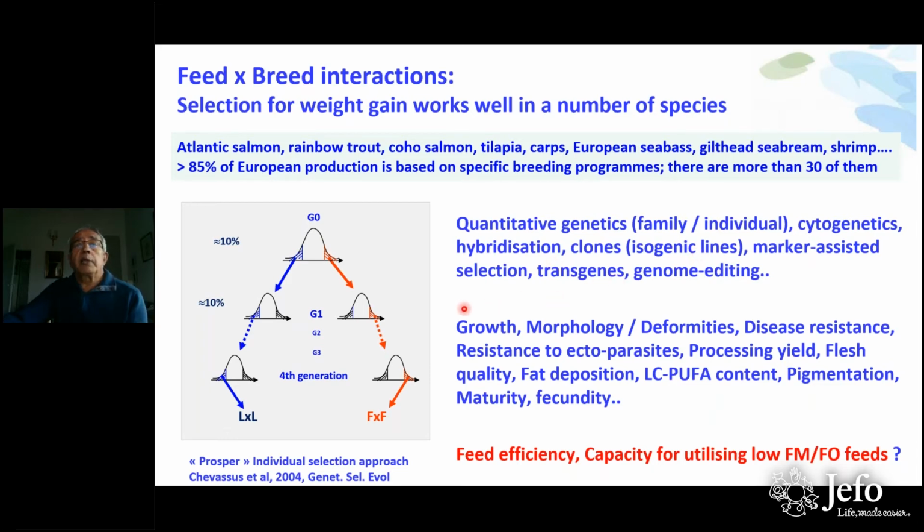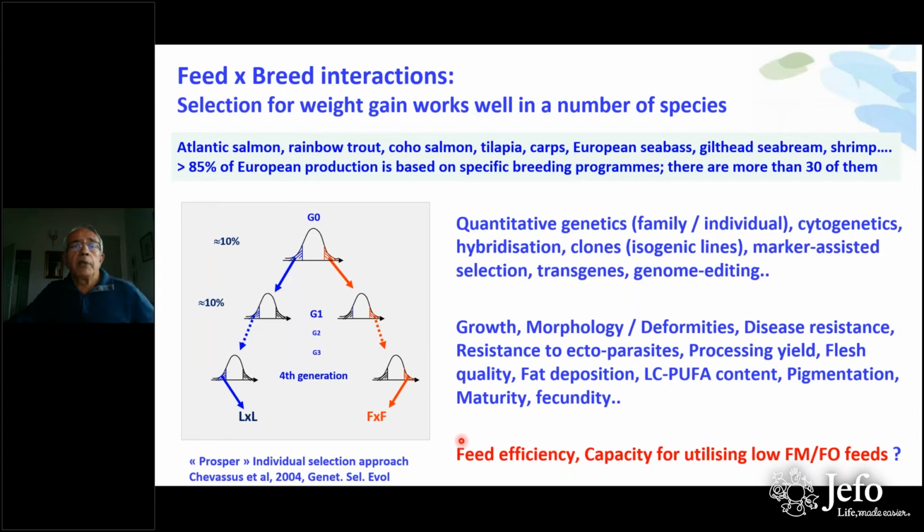So what are the criteria which have been used for the selection? I said weight gain. Now they also have morphology or deformities, especially applicable to marine species. Disease resistance, resistance to ectoparasites, for instance in Atlantic salmon with sea lice, processing yield, flesh quality as affected by the fat content, as well as the long-chain polyunsaturated fatty acids, pigmentation, Atlantic salmon, maturity, fecundity, and so on.